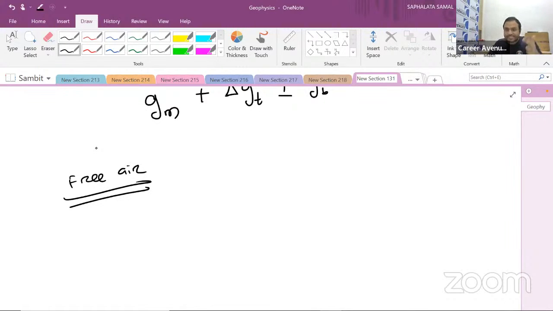It is because of the distance. We know that g is equal to GM by R squared. We neglected the effect of the mass. Now I have to neglect the effect of the distance.